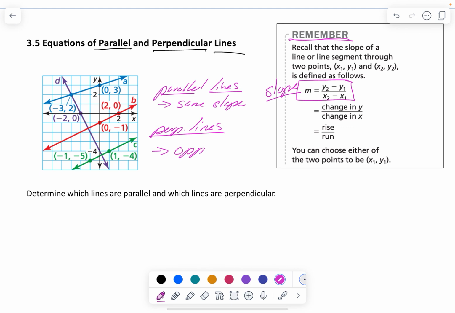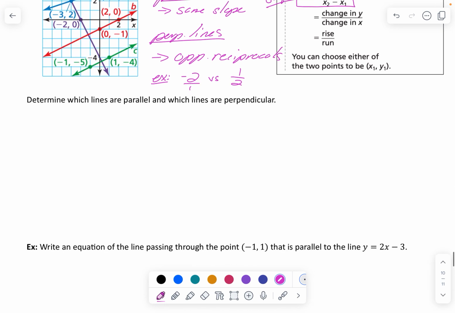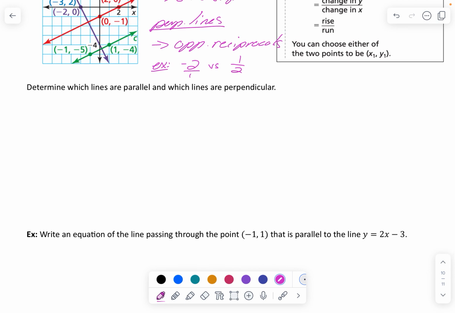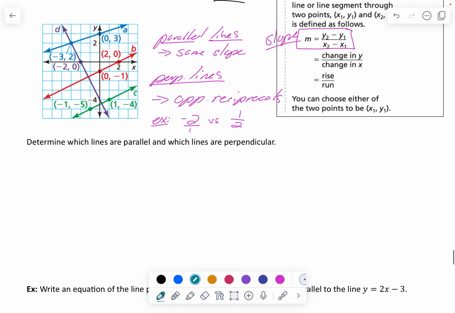They're opposite reciprocals. So in other words, for example, if one slope was -2, the other slope would be +1/2. Remember, that's kind of like 2 over 1. Opposite sign and reciprocal.